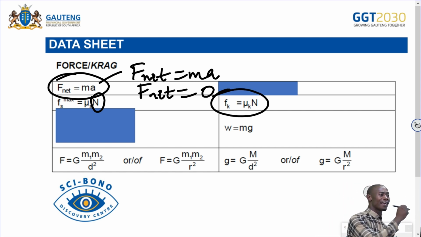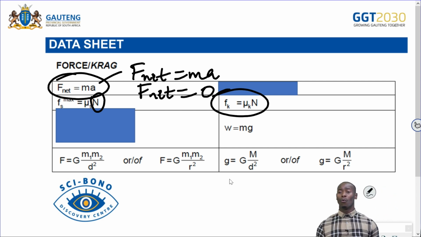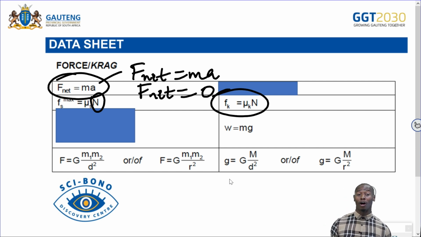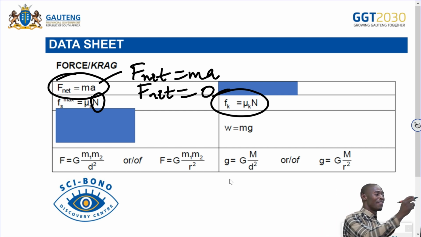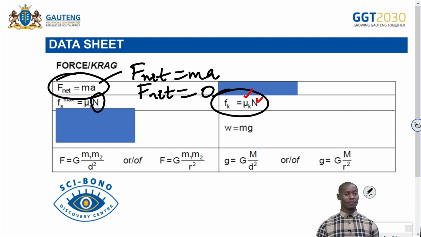And then this is your f_k. Your f_k is given by mu_k N, where f_k is the kinetic frictional force, and you should know that it is the force that opposes the motion of a moving object relative to the surface. And then this is mu_k, which is the coefficient of kinetic friction, and you multiply that by the normal force, all right?